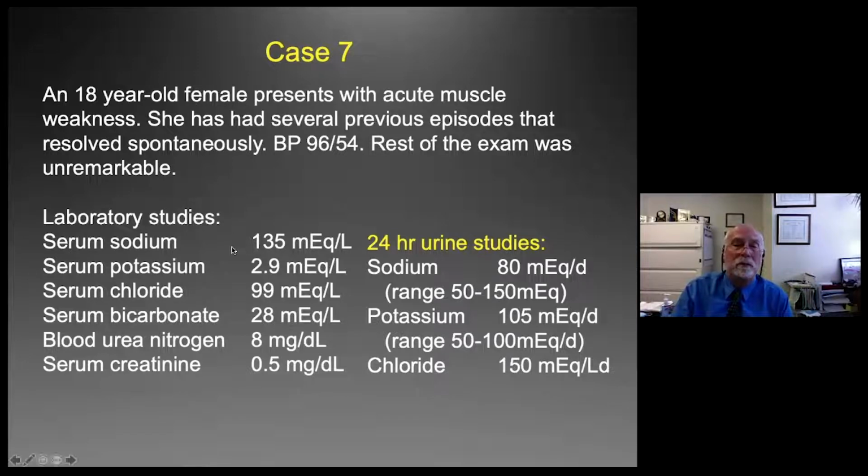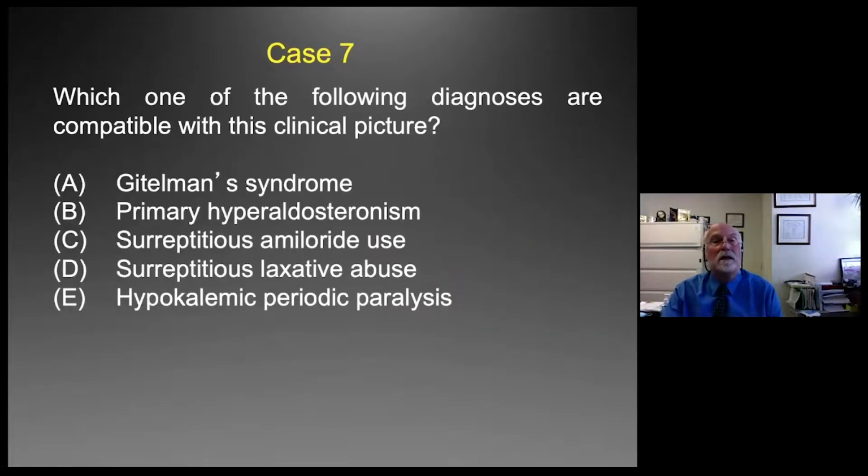So the appropriate response, like if you had diarrhea or other conditions, would be for the urine potassium to be very low because the body and the kidneys are trying to conserve as much as possible. So here we see that the urine potassium is quite elevated, even above the upper limit of normal, so even more dramatically inappropriate for this serum potassium. And there also happens to be a lot of chloride in the urine as well.